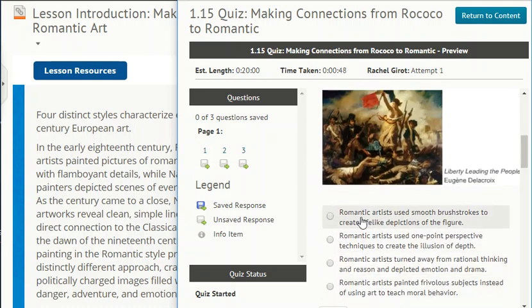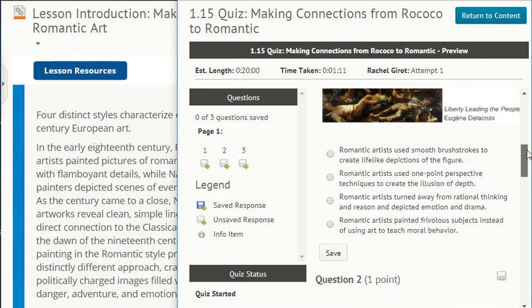Is it that Romantic artists used smooth brushstrokes to create lifelike depictions of the figure? Is it Romantic artists used one-point perspective techniques to create the illusion of depth? Is it Romantic artists turned away from rational thinking and reason and depicted emotion and drama? Or Romantic artists painted frivolous subjects instead of using art to teach moral behavior?